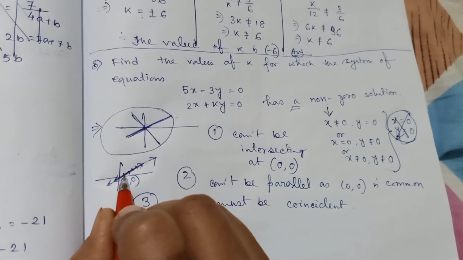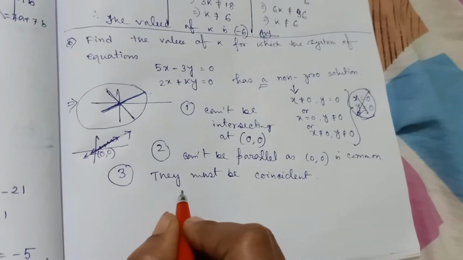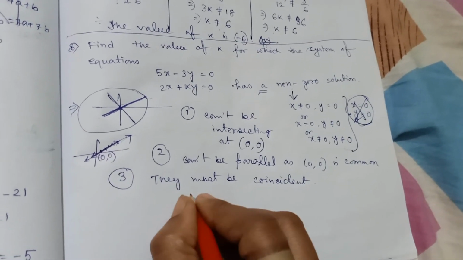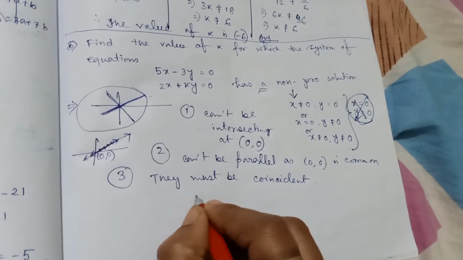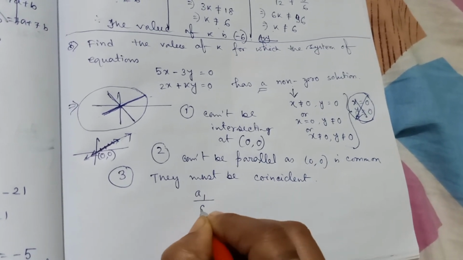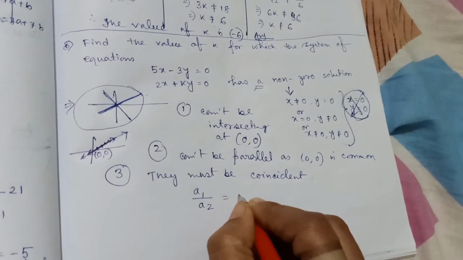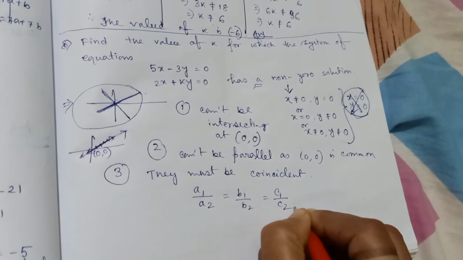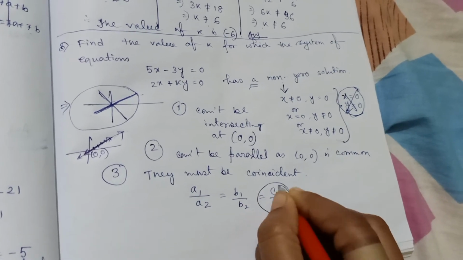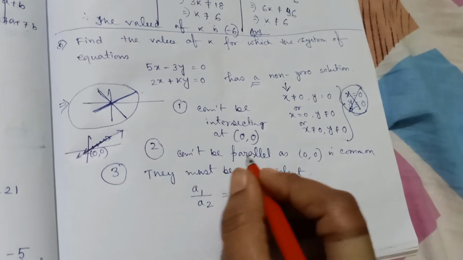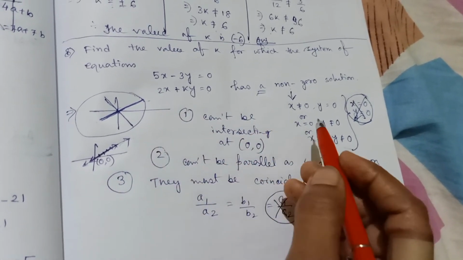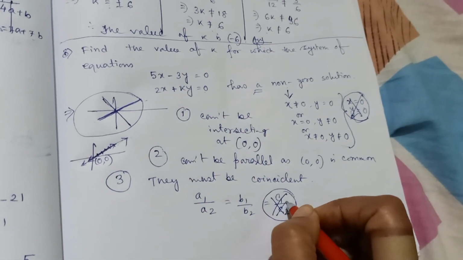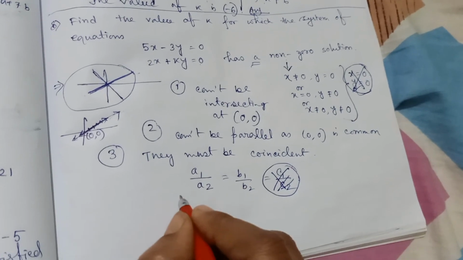So we have many non-zero solutions for this case, so they must be coincident. Now for coincidence, what's the condition? A1 by A2 equals B1 by B2 equals C1 by C2. Now C1 by C2 we don't have to take for lines passing through the origin, because this is 0 by 0, an indeterminate form, can't be found.